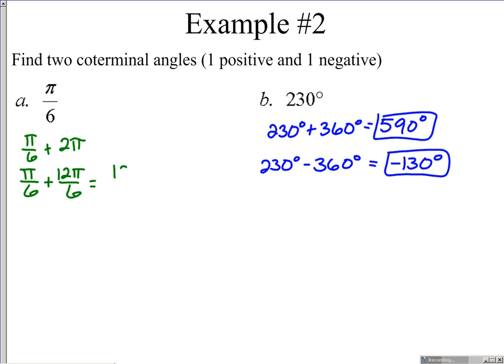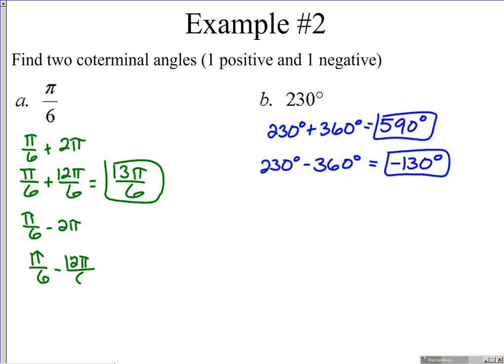Add those together, we get 13 pi over 6. There's our positive angle. Do the same thing now, but we're going to subtract 2 pi. Negative 11 pi over 6.